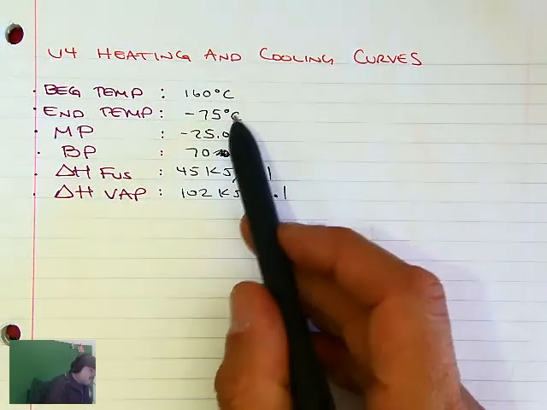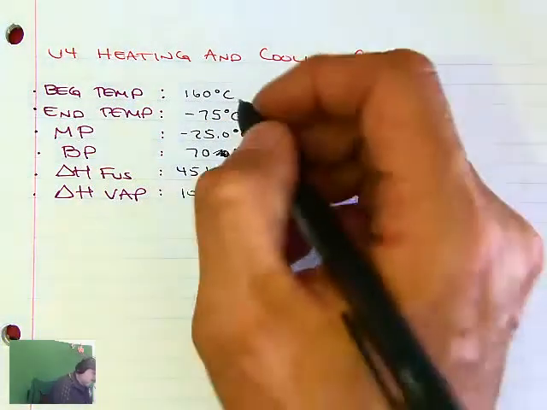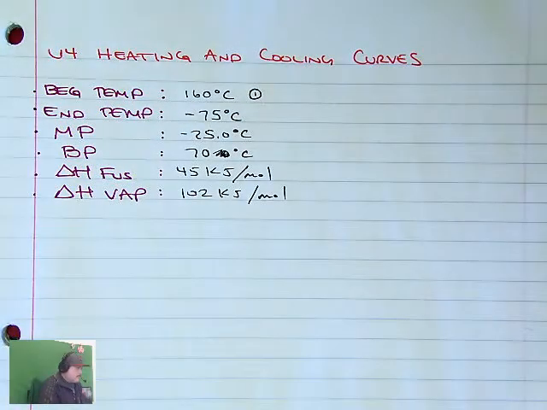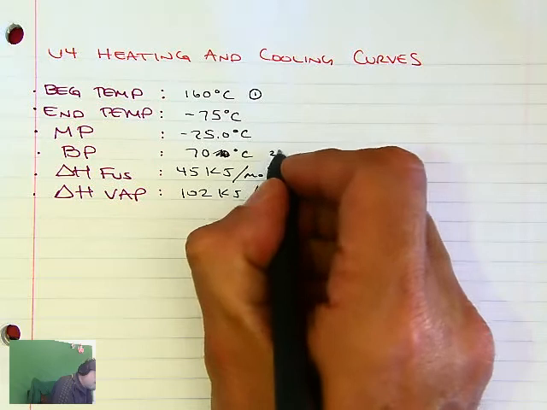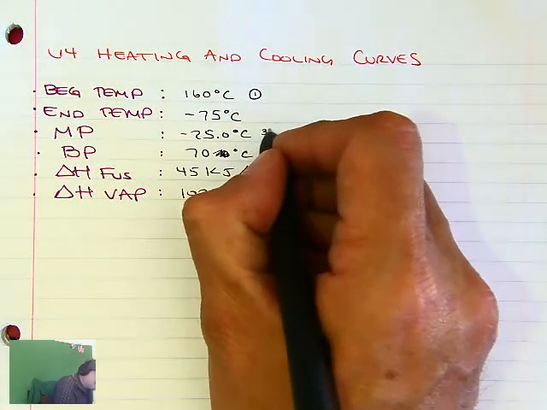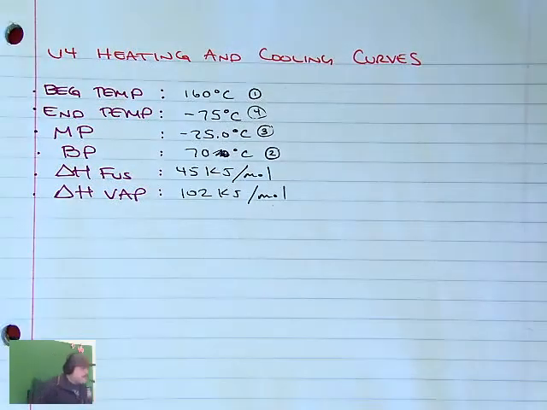I figure out the highest temperature, and I label that number 1. The next highest is number 2, the next highest is number 3, and the next highest is number 4. There are my 4 temperatures from highest to lowest.